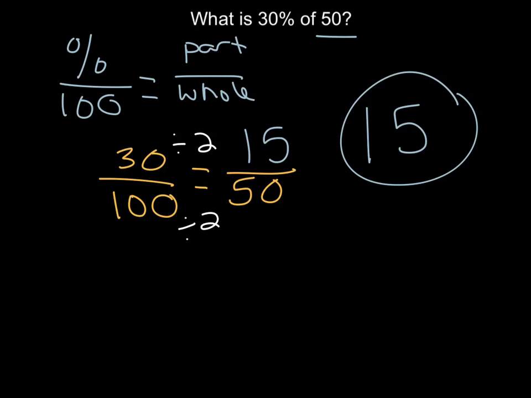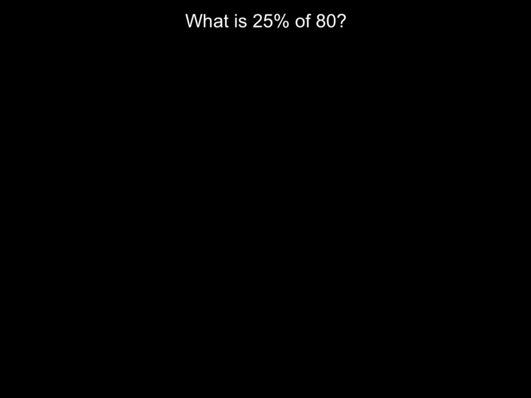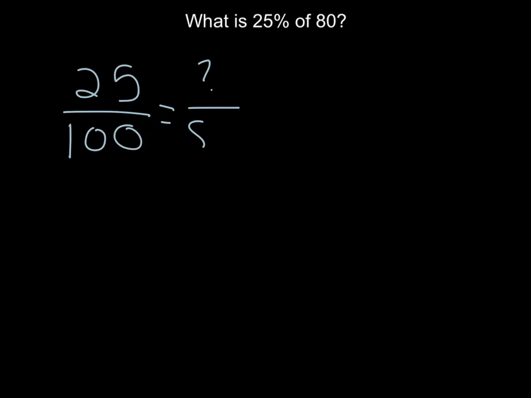Now that one was pretty simple because we could easily get from 100 to our denominator of 50. We'll do another example. What is 25% of 80? So again, we're putting our percentage, 25, over 100, and setting that equal to a number that we're looking for over 80.